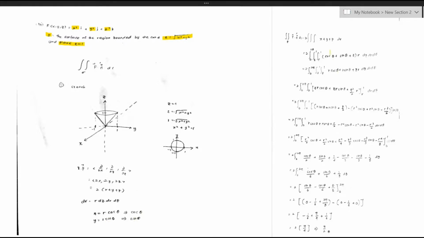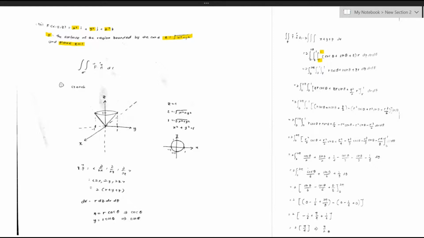So we write the function in the integral. We get (cos theta plus sin theta plus z) r dz dr d theta. The limit for z is from r until 1. From the cone equation, z equals the square root of x squared plus y squared, and x squared plus y squared equals r squared, so the square root of r squared gives r.